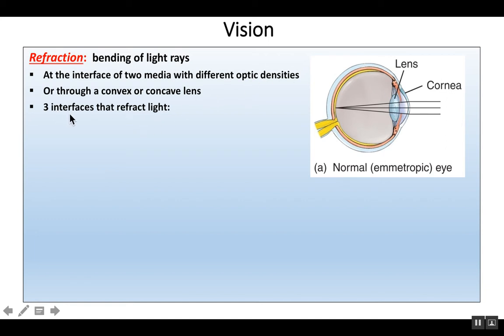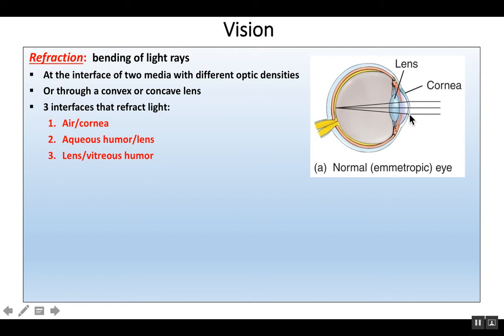So there are three interfaces that refract light. One is when light goes from air to cornea, it bends. When the light goes from aqueous humor into the lens, it bends. And then when light leaves the lens and enters the vitreous humor, it bends.